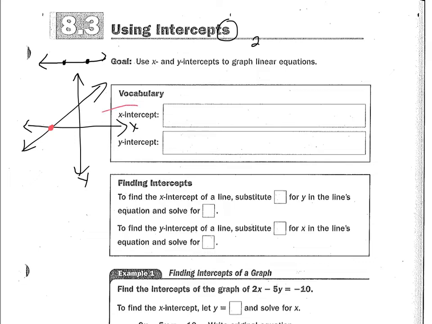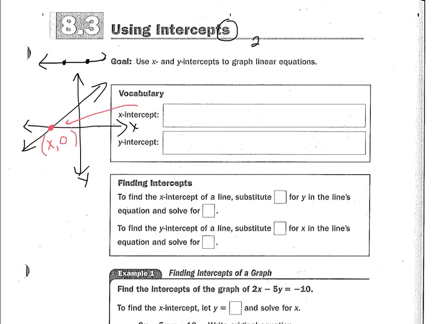That's the X-intercept. Well, on any X-intercept, no matter where it crosses on your x-axis, what value will never change? What value in your ordered pair will never change? Well, you're always going to have the x value because you move right or left, but you're never going to move up or down. So it's going to be x, 0.